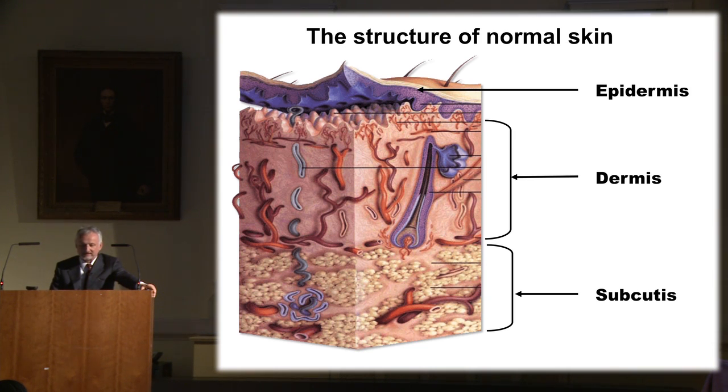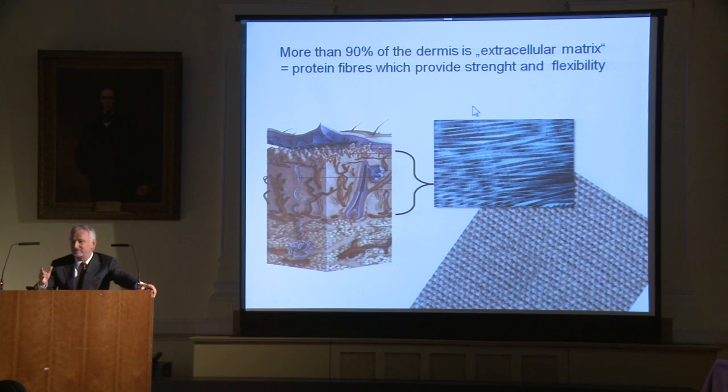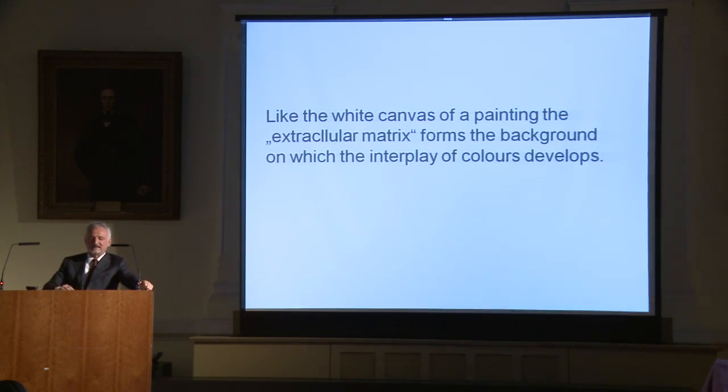This part of the dermis is made of what we call extracellular matrix. These are really hardy proteins, like collagens, which all of you know, and these protein fibers are arranged like the fibers in a canvas, like the fibers in a tissue. They provide strength and flexibility to the skin.